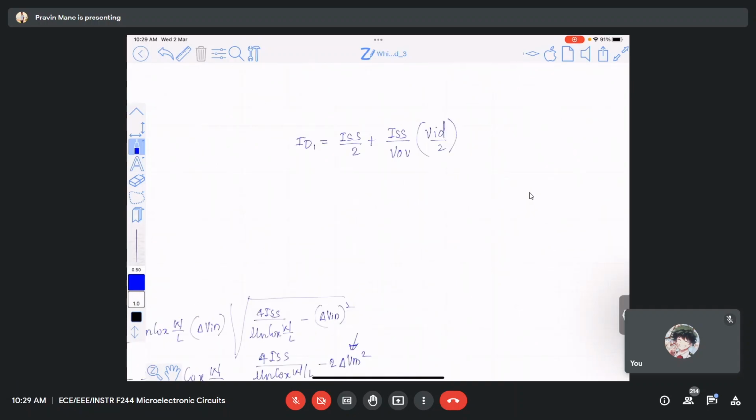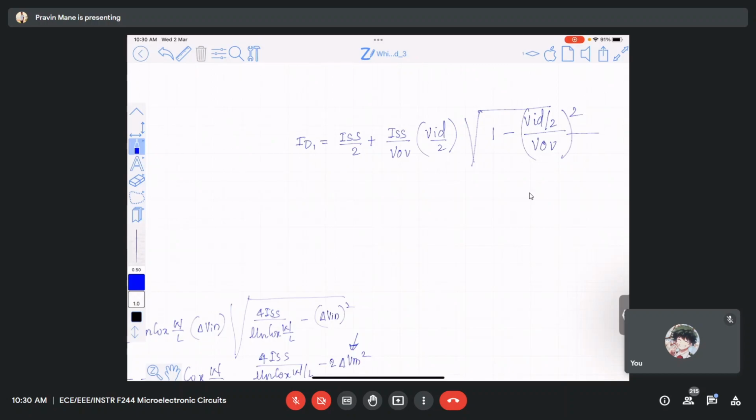In the original expression, there was a factor, the square root of 1 minus (VID by 2 upon V overdrive) whole square, right?